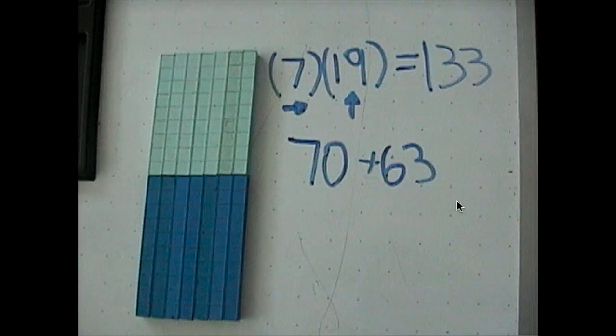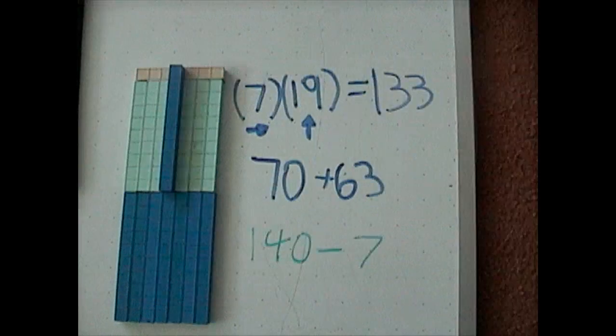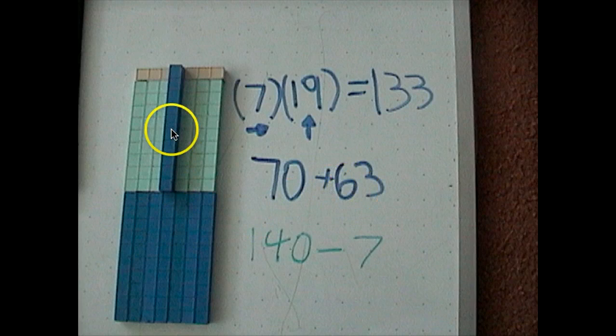Okay, 7 times 19 is 133. It's just 70 and 63. And then we can see a little bit more. Another way to look at that would be 140 minus 7. Because there it is, really. See that there's 70? It isn't 63, just 70 minus 7. And there it is, showing the 70 if this was 10s instead of 9s.